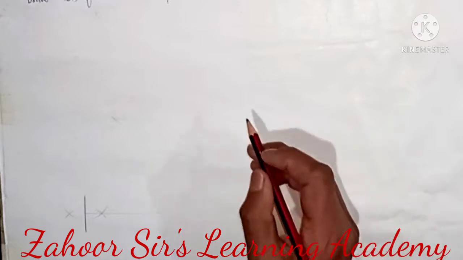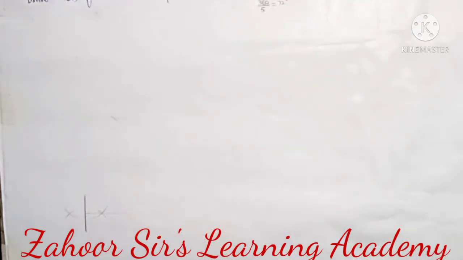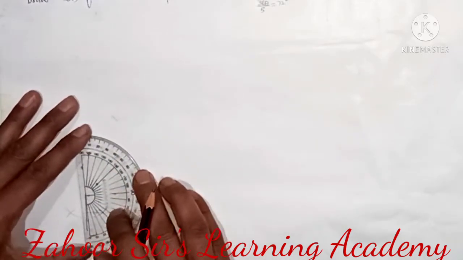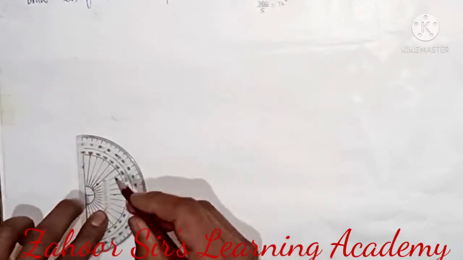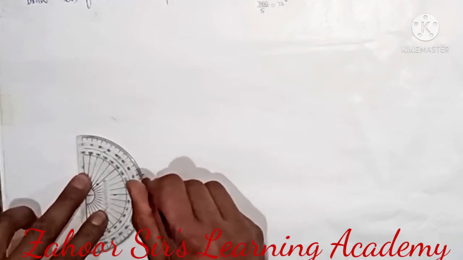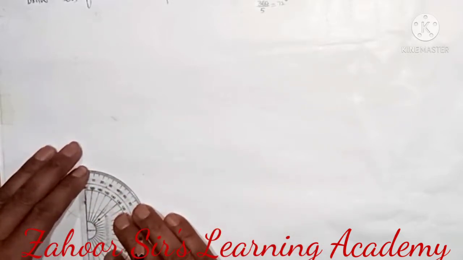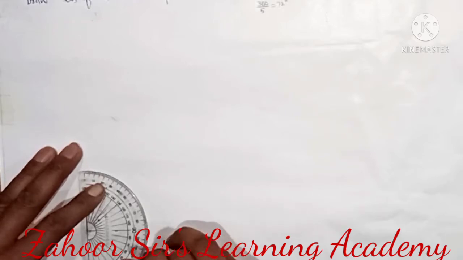Then we know that 72 degrees is its exterior angle. So I will take a protractor, keep the protractor here and measure the 72 degree angle, that is 72, it is here. So this point, and then from the bottom end, 72 from this end, so that is this one.